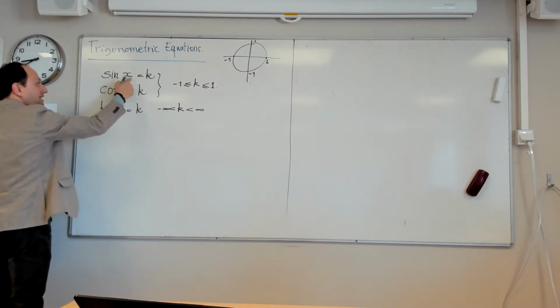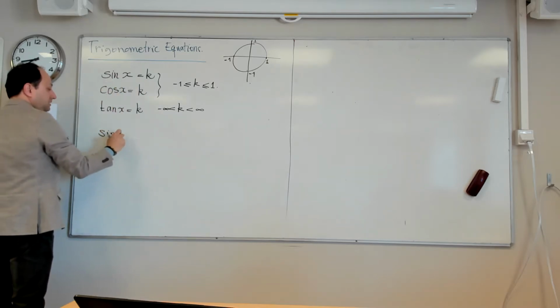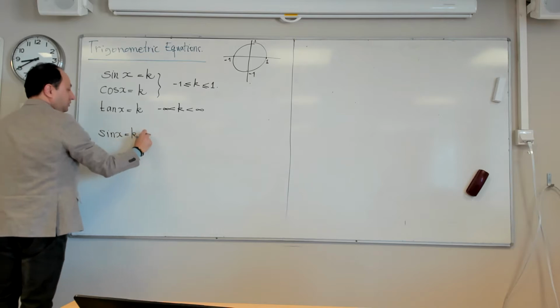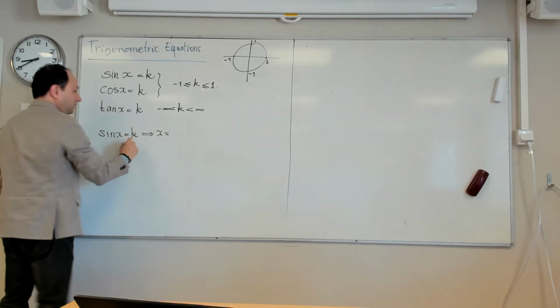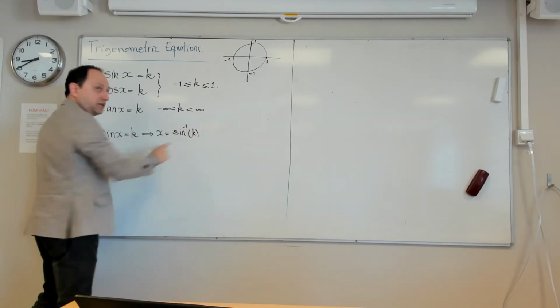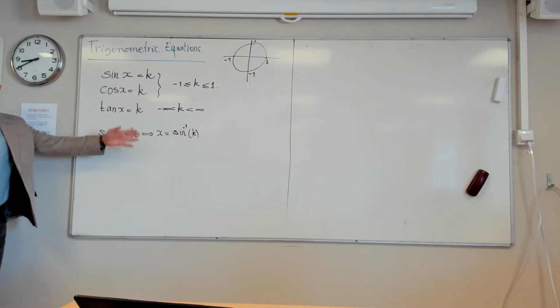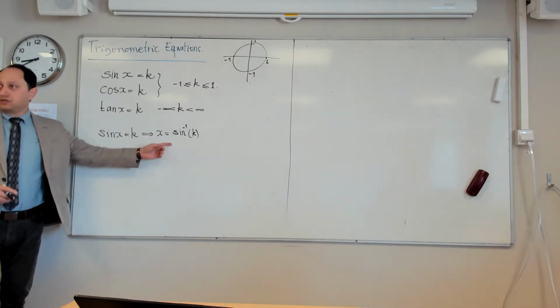So in Math 1C, if I ask you to solve and find the x, the unknown angle, what do you do? You just go to your calculator and write sine inverse of k, and you get a number, yes? So that number is your unknown angle. But of course, in this case, we have more angles. In trigonometry, that was good for geometry, yes?